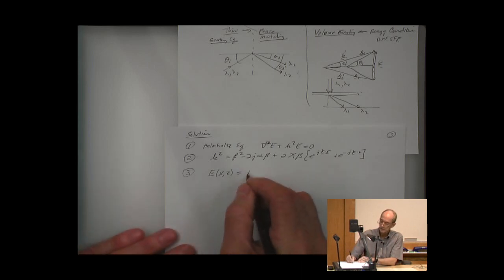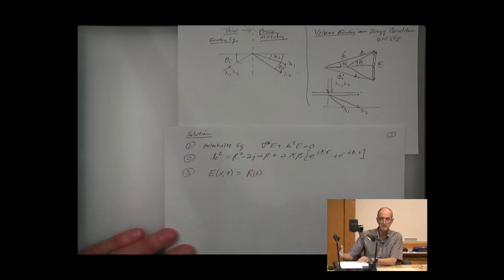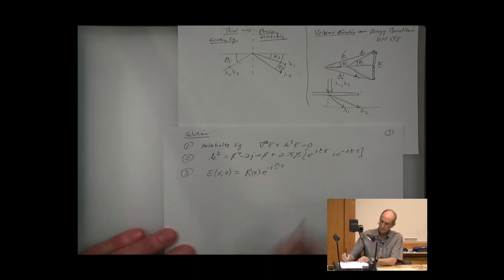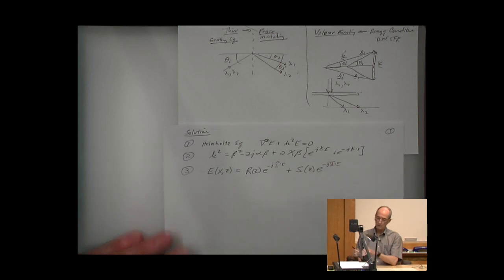It has the reconstruction source, whose amplitude is only a function of the depth of penetration into the medium, times the phase term, e to the minus j rho dot r, where rho is the propagation constant, plus a signal beam, s of z, e to the minus j sigma dot r.